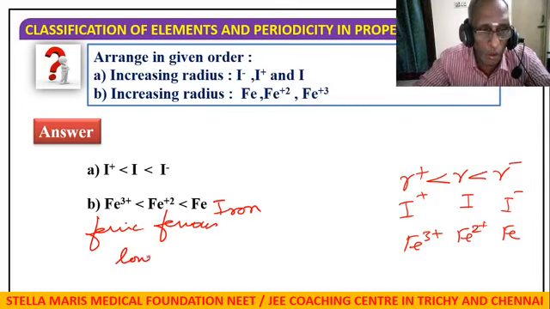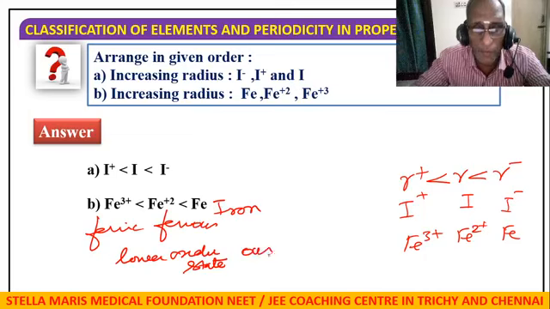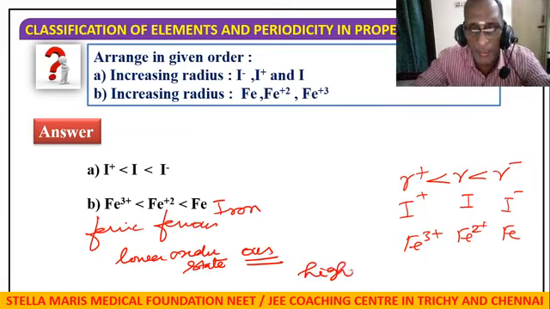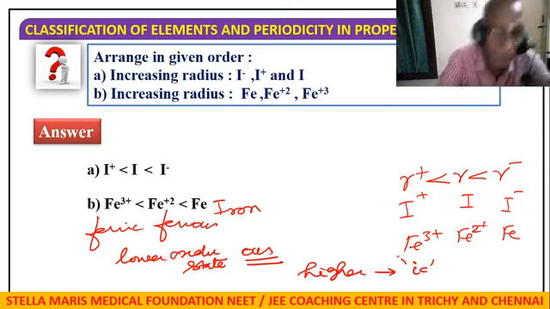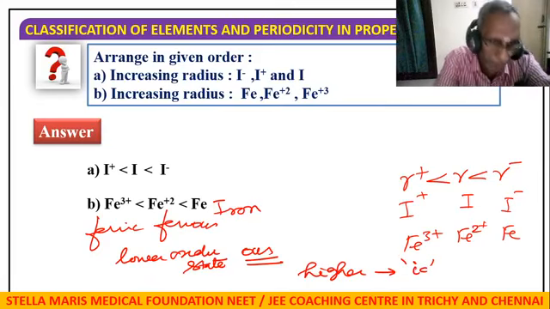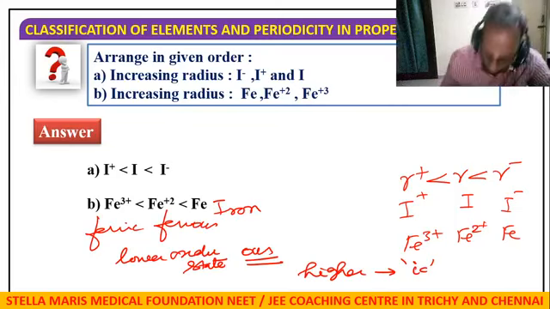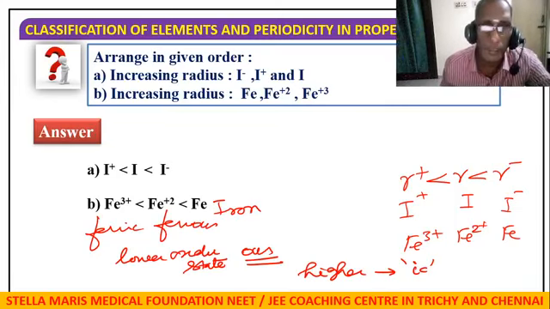Generally, lower oxidation state species or lower positive charge species are given the suffix OUS, and higher oxidation state species are given the suffix IC. Ferrous is the lower oxidation state plus 2, ferric is the higher oxidation state plus 3. Fe, iron, ferrum.